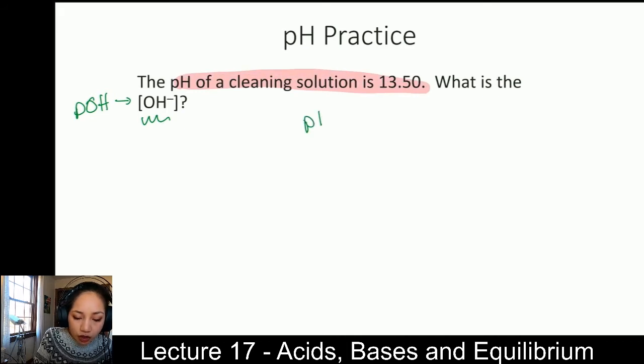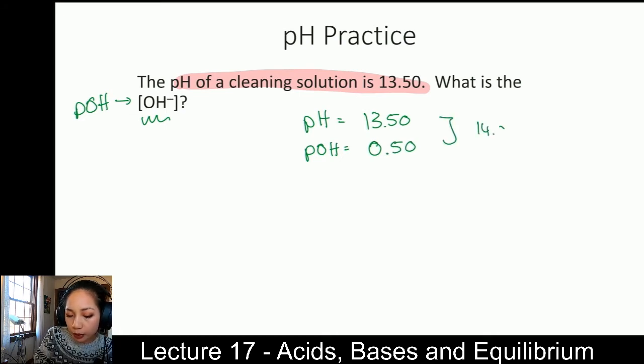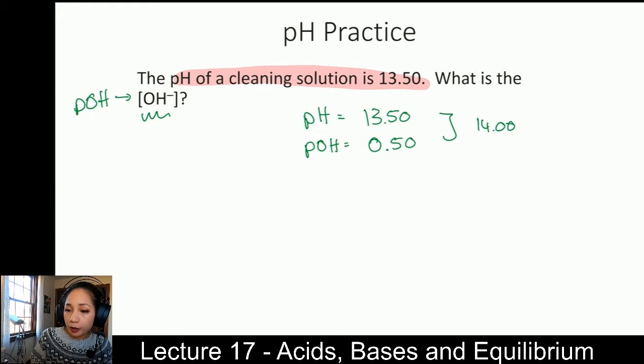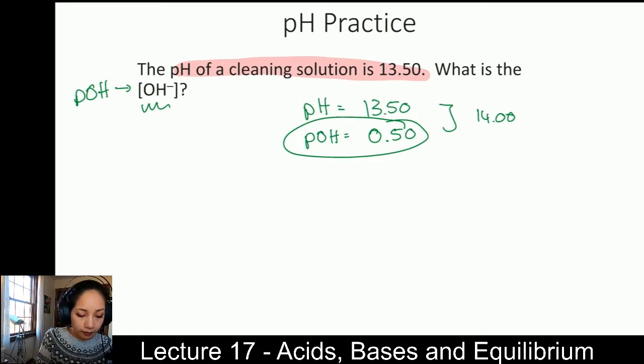So if pH equals 13.50, that means pOH has to equal 14 minus that, 0.50, because those have to add up to 14.00. Since we know pOH, we can easily undo the logarithm to get hydroxide concentration.